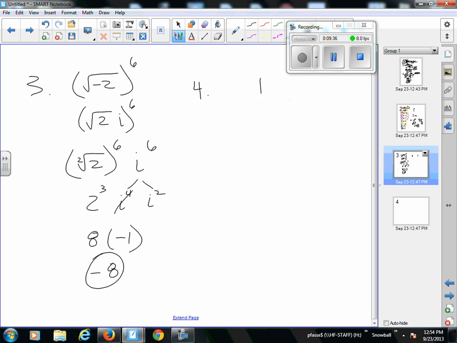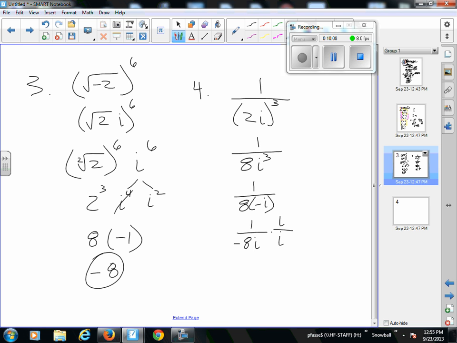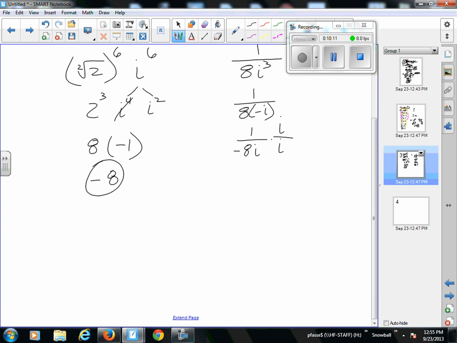For the last one, if we have 1 over 2I to the 3rd, we're already in terms of I, so we don't have to turn it in terms of I like we did with the root negative 2. Let's go ahead and cube it. We have 8I cubed. I cubed turns to negative I, and if I move it out front, that will give us negative 8I. We're good so far, but we have an I in the denominator, which is a radical. It only has one term in it, so we just simply have to multiply top and bottom by I to get a perfect square in the denominator.